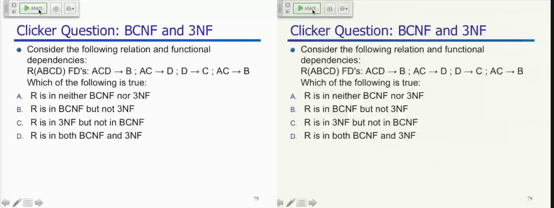Great. So let's start by finding some closures, right? So ACD closure would be ABCD. AC.